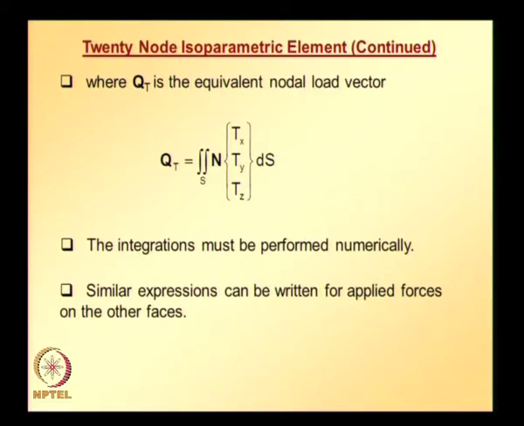So, once again, the element stiffness matrix for the 20 noded isoparametric element is going to be 60 by 60 for each element, and the equivalent nodal force vector is going to have length 60.